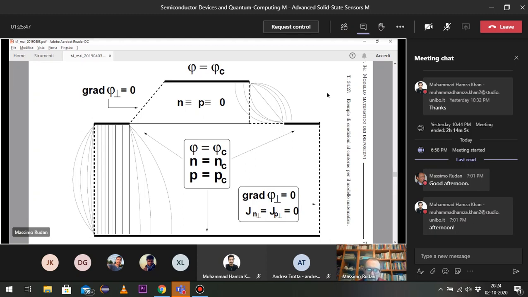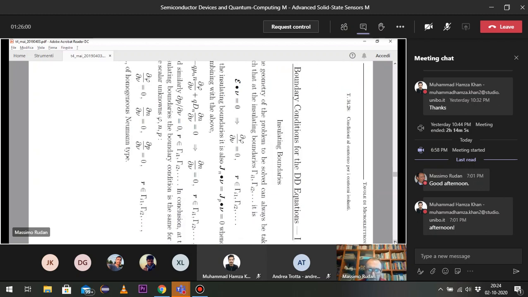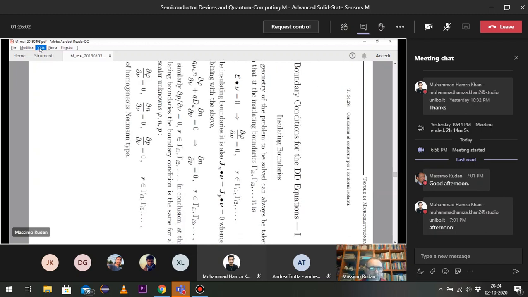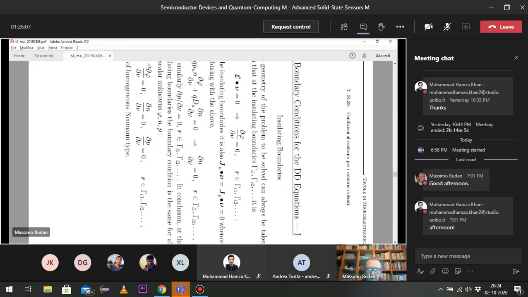So we must now elaborate on this property that Jn normal and Jp normal are equal to 0 at the insulating boundaries of the semiconductor. So there is a short calculation that we can carry out.